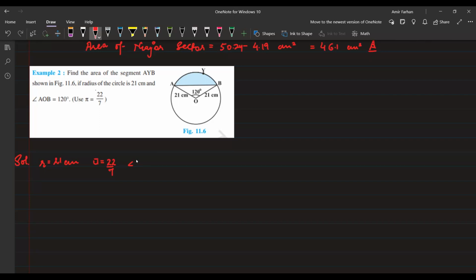So angle AOB is nothing but theta, that is equals to 120. Okay. So now we need to find the value of area of minor sector.